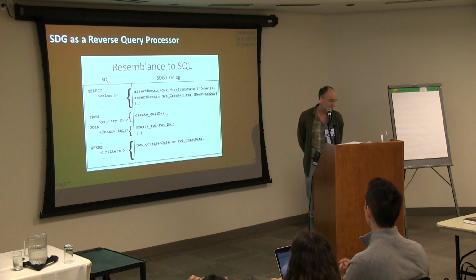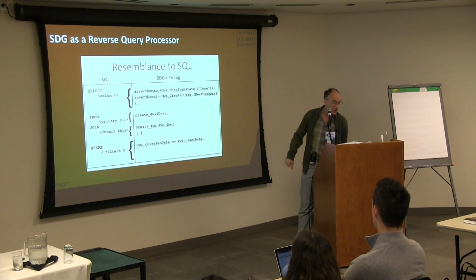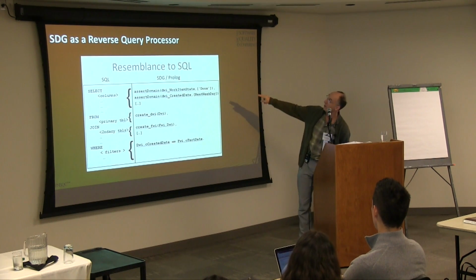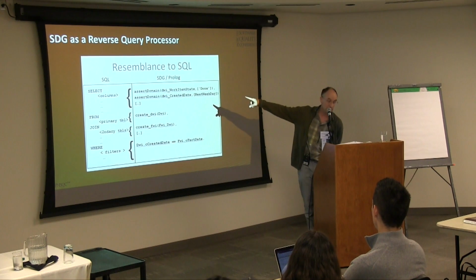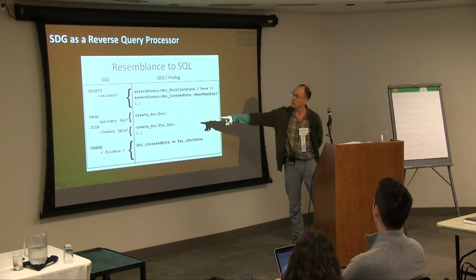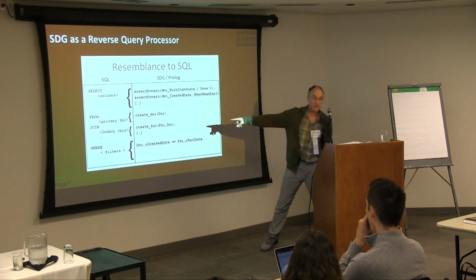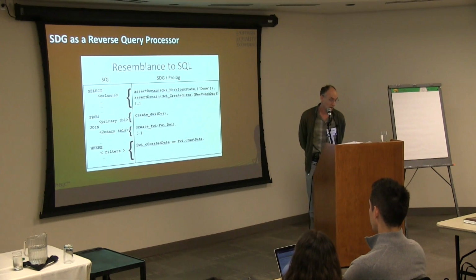And you'll have a where clause at the end that will further constrain that data. An SDG Prolog program looks very similar, where you have your columns, you're defining your finite domains, you'll have a primary table and a join to a secondary table, and then finally you'll have constraints that you want it to obey.